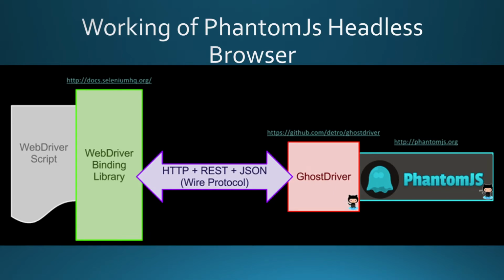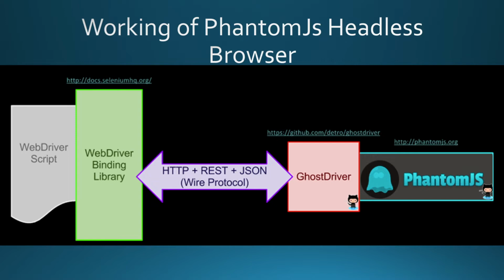As you can see here, this is our https seleniumhq.org URL. So here I am sending some request to that Ghost Driver. So Ghost Driver will behave as the intermediate platform between the WebDriver script and the server, to send these requests to the server.